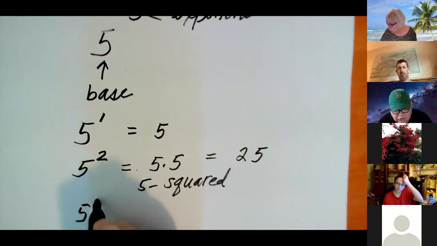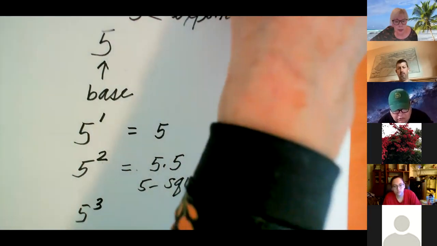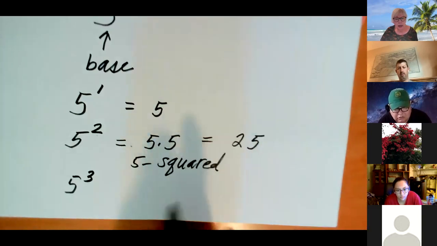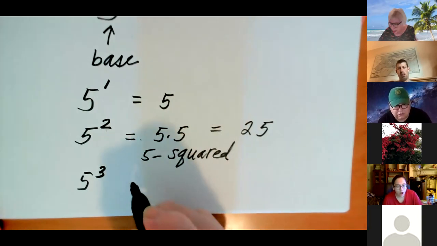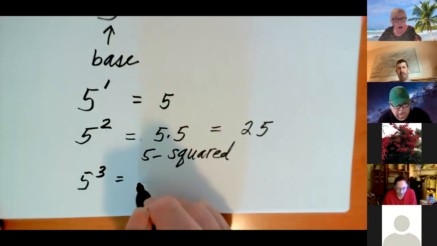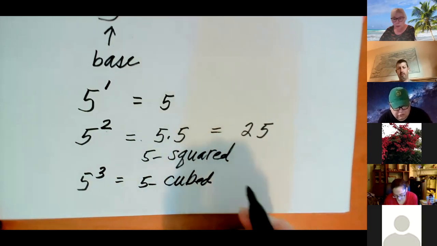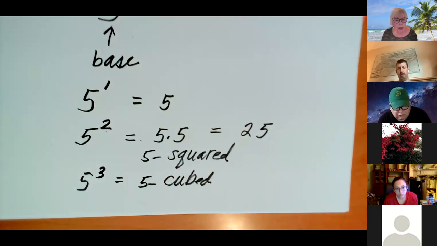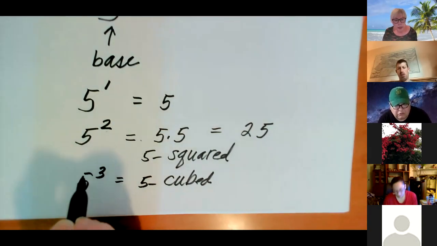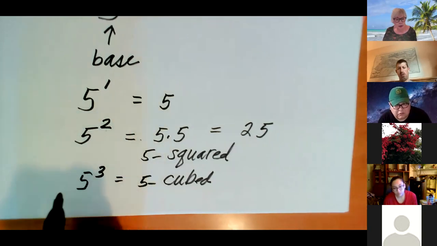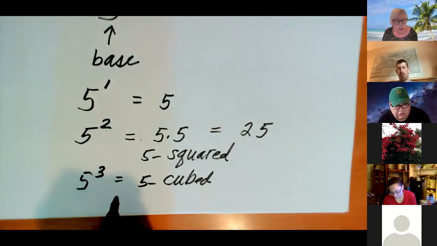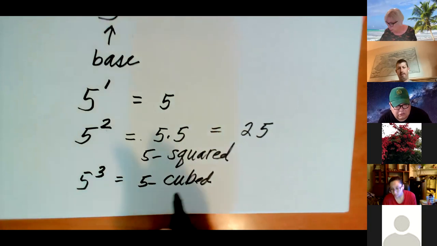The reason I started this is because this one also has a nickname. Although it's 3 5s, it's also 5 cubed. And so I'm likely to say 5 cubed, or I could say 5 squared for this, and it still means 5 to the third power.